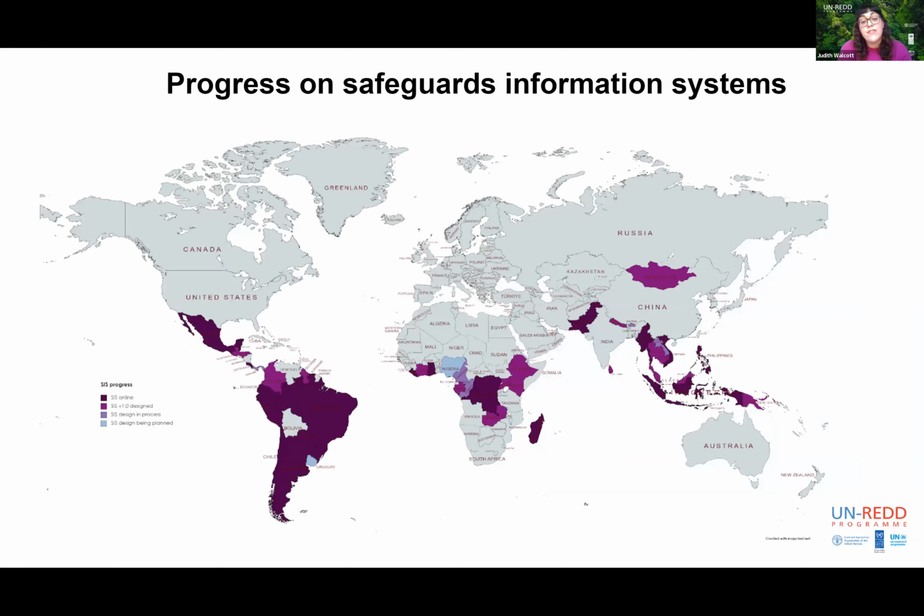So this graphic just shows international progress from REDD+ countries on safeguard information system development. And I think, Victoria, I don't know if you agree, it'd be really interesting to see how this has changed over time. There have been certain regions and countries that have made really strong and early advances, but have systems that maybe have been more complex and have taken several years to develop.